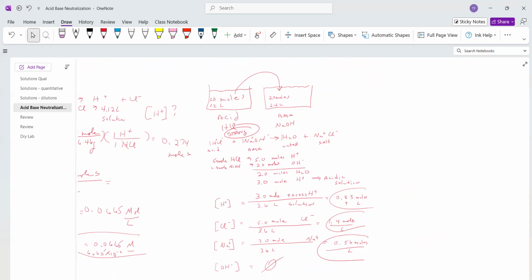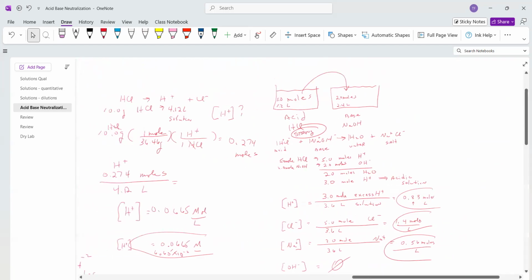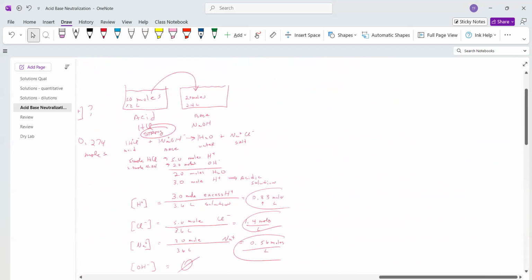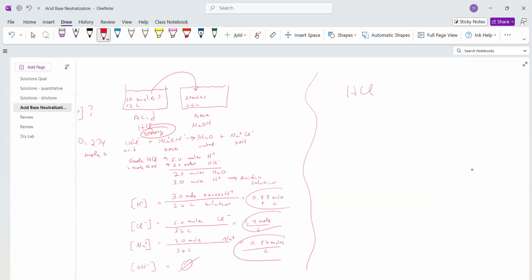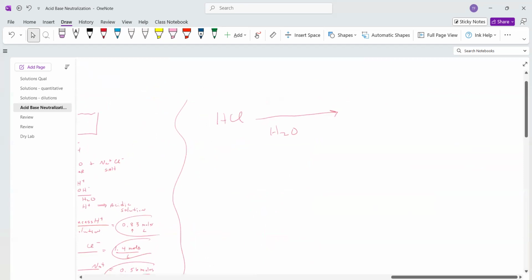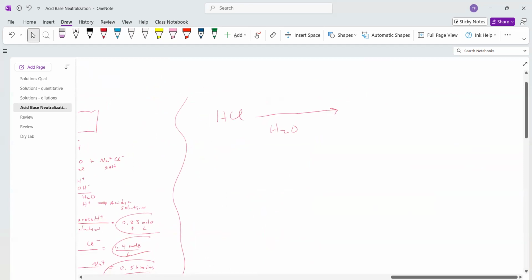I want to talk about one more little slight nuance. When we put hydrochloric acid in water, it doesn't quite yield H plus and Cl minus. There's a little nuance that some textbooks use and some don't.